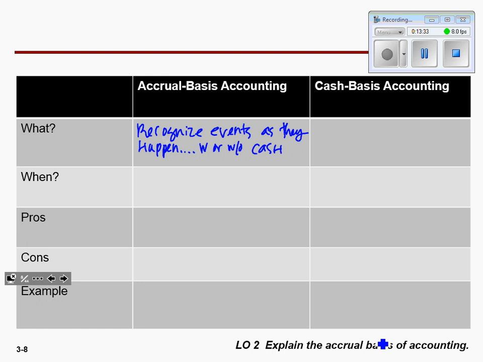Cash basis, we're only going to recognize the event when the cash shows up. Only recognizing the economic event when cash is present.